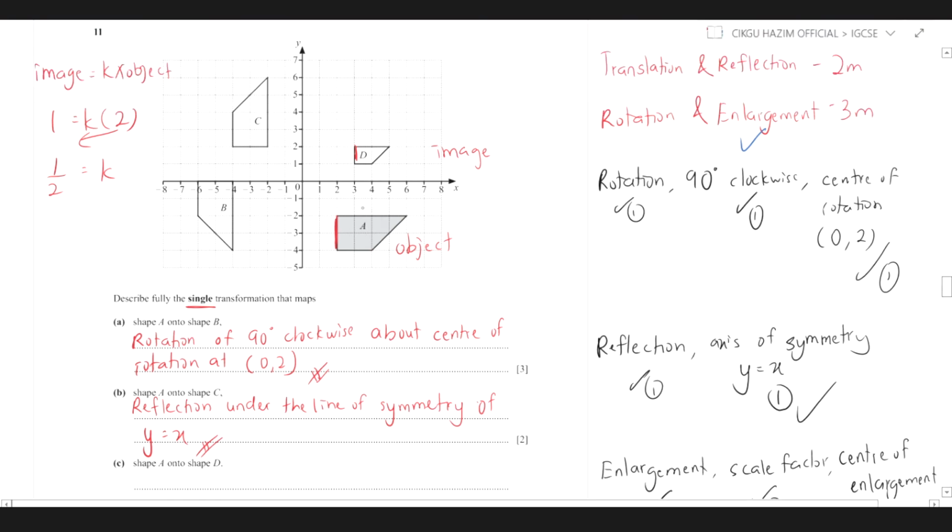You already have it. And how to find the center of enlargement? To find the center of enlargement here, you need to connect the congruent points. These points are congruent, connect the line. Make sure that you extend the line to the top. Don't just connect only 2 congruent points, connect with the other congruent points too.